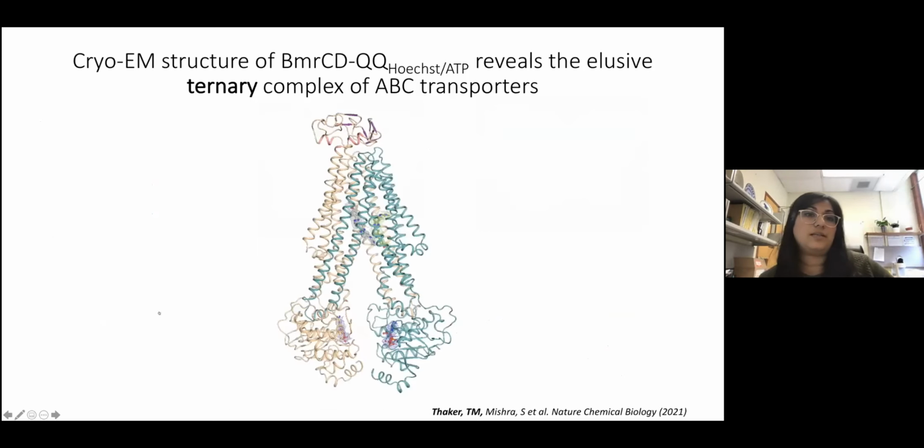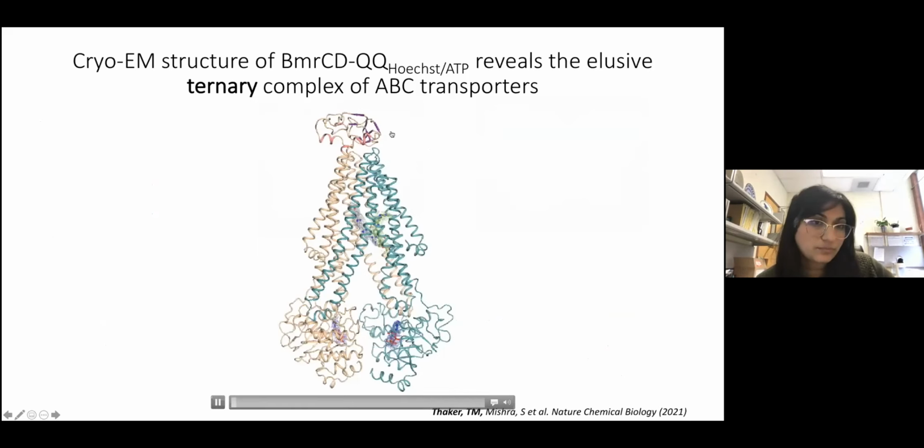And so here I'm just showing a movie of our final structure that highlights the symmetry of the nucleotide binding domains bound to two molecules of ATP in the inactive and active site, along with the density of our two Hooks molecules within this transmembrane region.